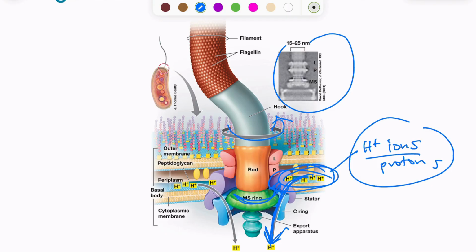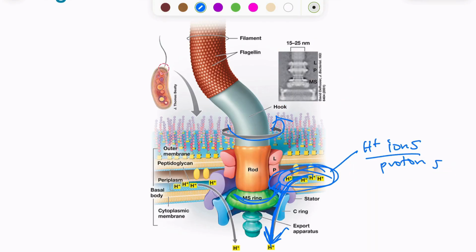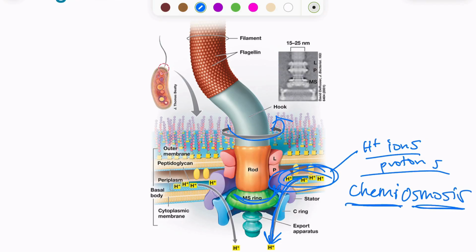This is an actual picture of this rotor, hook, rod, and MS ring. All these structures are in the bacteria, embedded in the membrane, and they rotate as hydrogens flow through it. Hydrogens are flowing down their concentration gradient, so a higher amount of hydrogens naturally wants to go back in, to the less concentrated area, and this is called chemiosmosis.